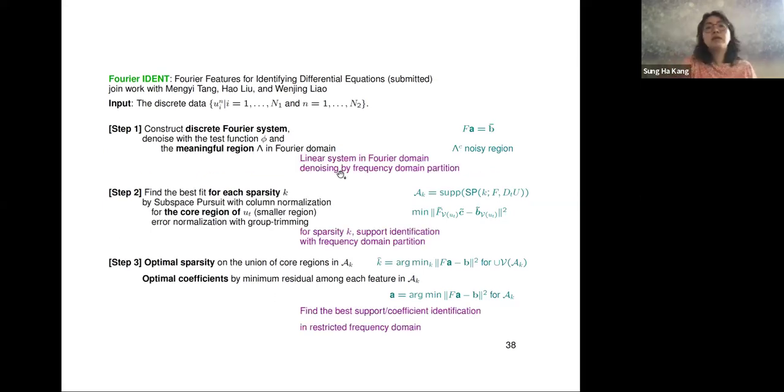So the overall idea: a linear system in the frequency domain. Denoising is done by the test function as well as the frequency domain partition. Then the sparsity is enforced inside this partitioned region, and the best support is also found in this region.